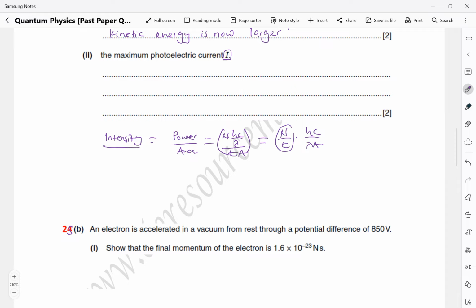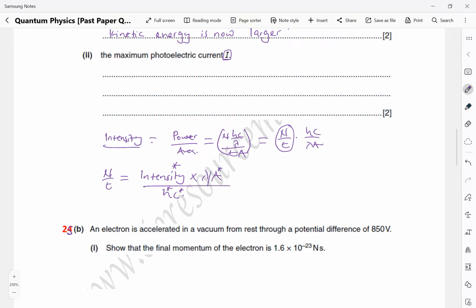So I'm going to make N over t the subject. N over t is going to be equal to the intensity, times the wavelength, times the area, then divide by hc. The intensity is constant, area is a constant, h is a constant, c is a constant.